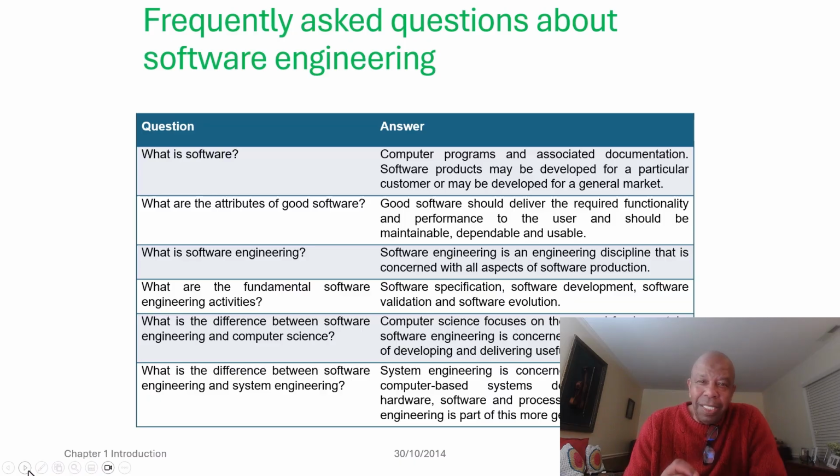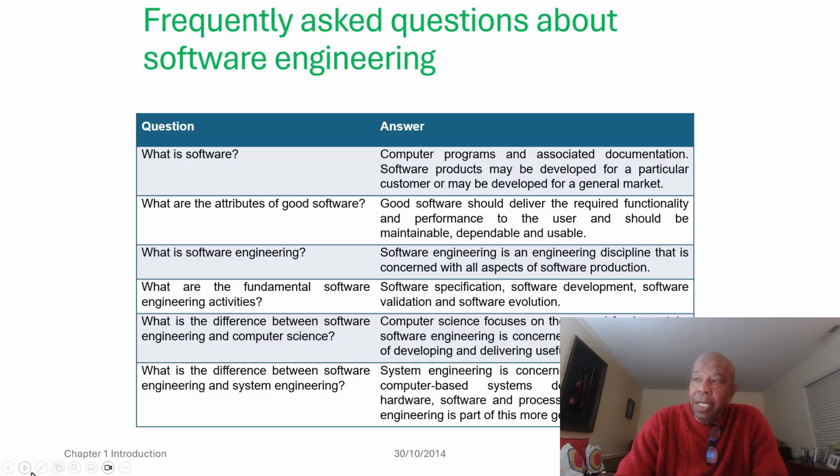But that's one of the things that programmers don't like to document. I'm hoping to always drill into you that when you go out there in the quote unquote real world, documentation is something that is needed and that you have to have. I will get into that a little later on.